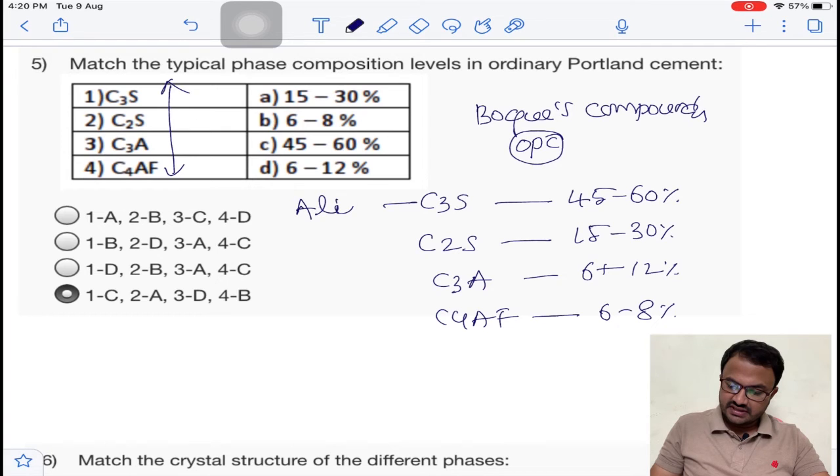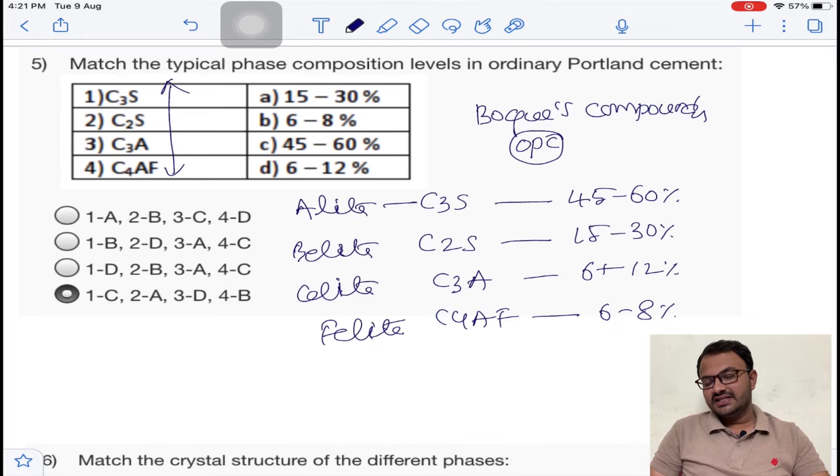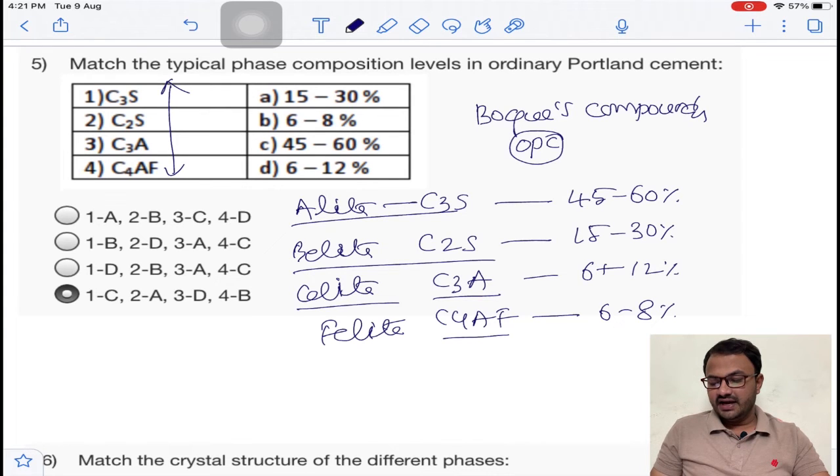These are also called alite, belite, celite, felite. Tricalcium silicate is alite, dicalcium silicate is belite, tricalcium aluminate is celite, and tetracalcium aluminoferrite is felite.